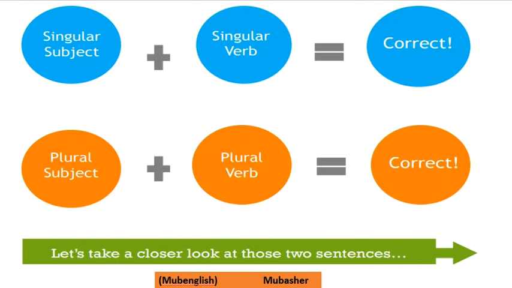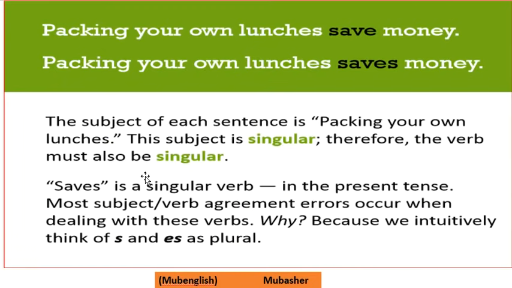Now let's analyze a bit more. You can have a look at this one. Packing your own lunches save money is a wrong one, and packing your own lunches saves money is a right one. So the subject of each sentence is packing your own lunches. The subject is singular, therefore this one is singular as well.